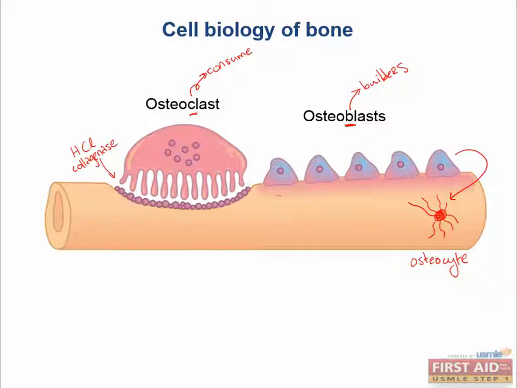They differentiate from circulating monocytes. What happens if osteoclasts are too active? Then too much bone gets resorbed, like in hyperparathyroidism or osteoporosis. What is the classically used marker of the osteoclast on pathology? That would be TRAP staining.